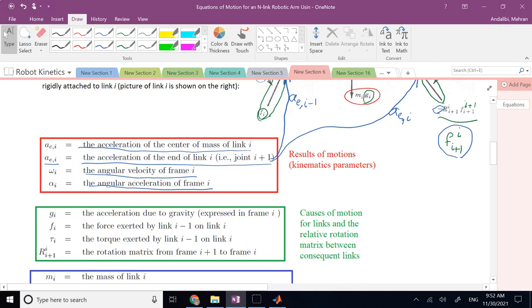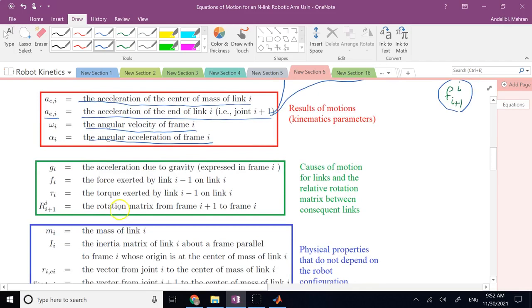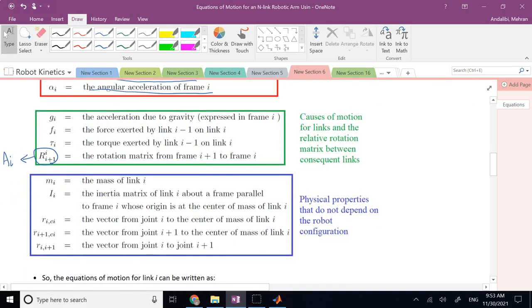G is clear. F and tau are clear. Rotation of I plus 1 with respect to I. That's the rotation of one link with respect to the adjacent link. In terms of Denavit-Hartenberg notation, this Ri plus 1 to Ri, we showed it with matrix Ai. Okay, that's the same notation. Mass is clear, I is clear, and again, pay attention, I is the inertia matrix of link I about a frame parallel to frame I, but with origin at the centroid.